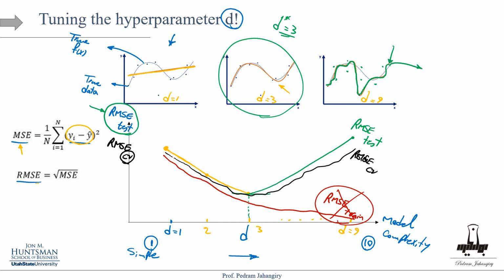So in practice, we use RMSE cross-validation when we want to tune the hyperparameters. And we're going to see a plot like this again and again for every single model that we cover in this machine learning conceptual course. So in short, we are going to use cross-validation to tune the hyperparameter.